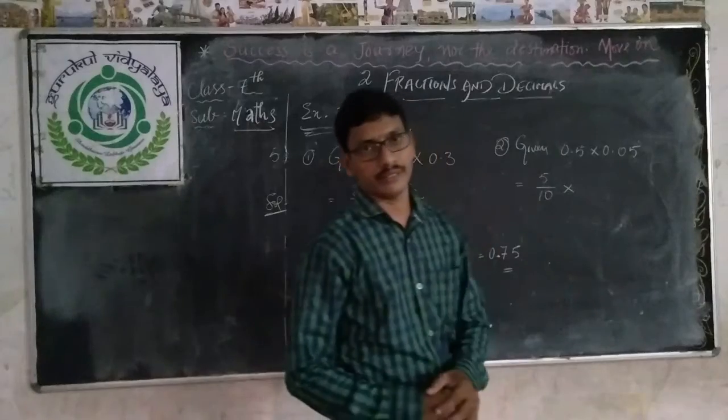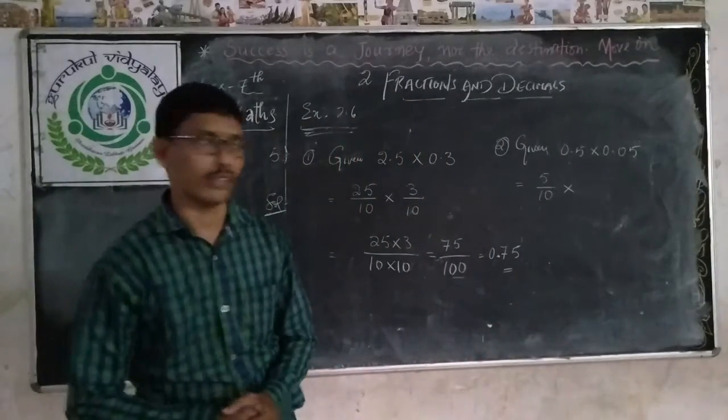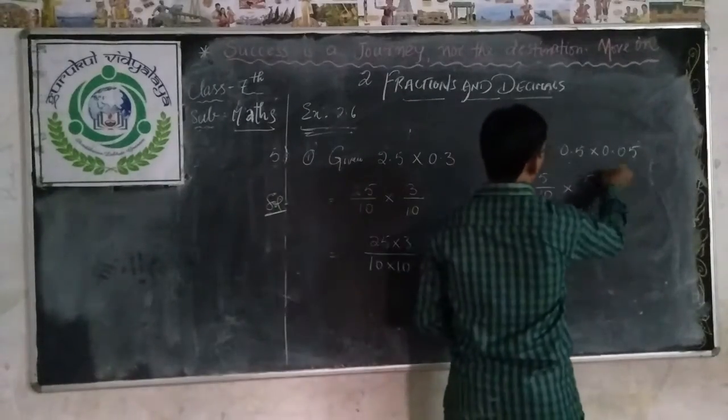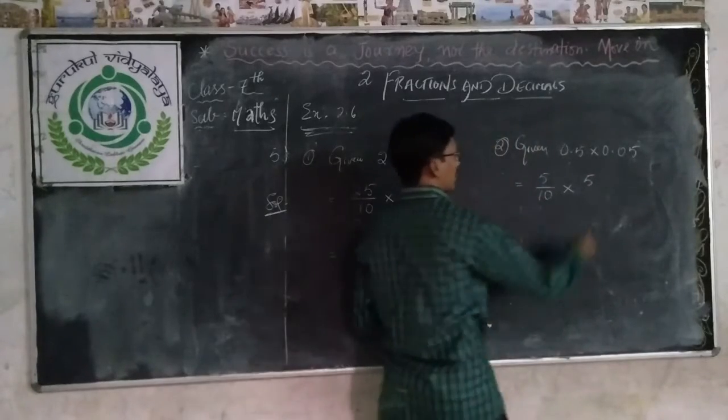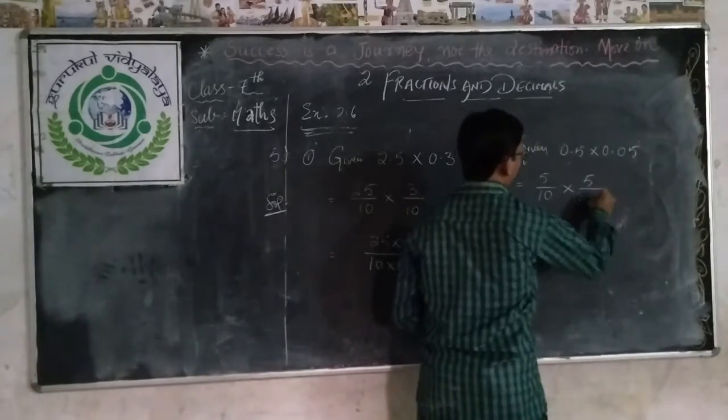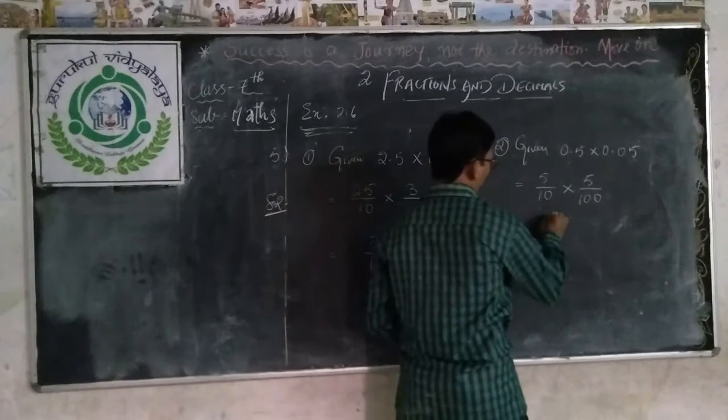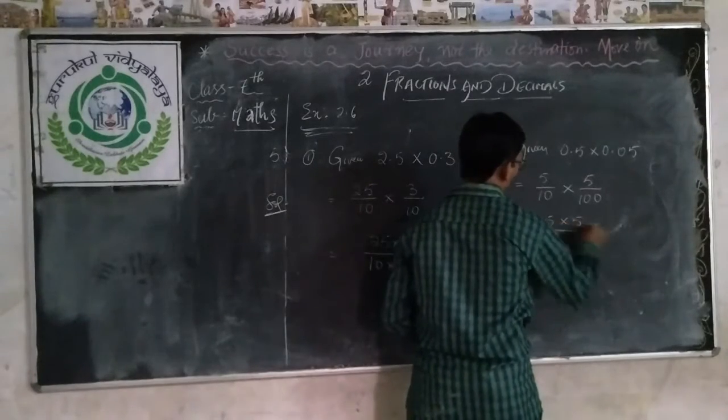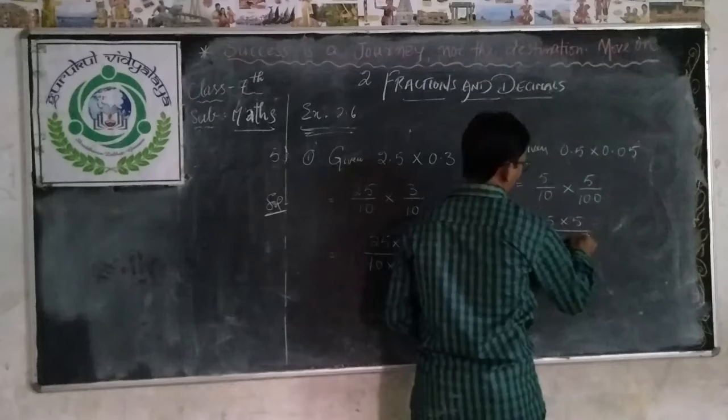Into 0.005. Remove the decimal point. 005 means how much? 5. So 5 is in the thousands place, so by 1000. So multiply both numerators and multiply both denominators.